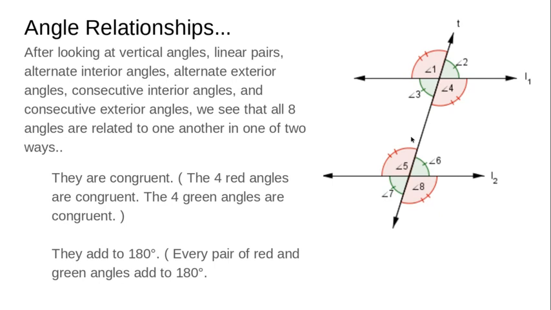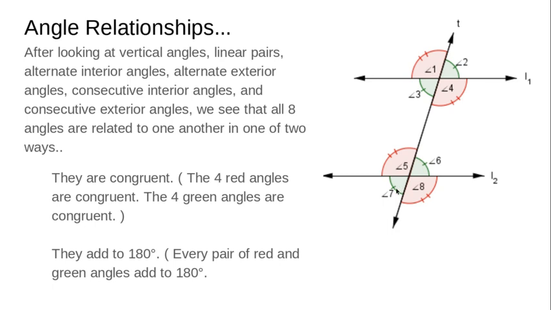But you can also relate those down here. Not only all those linear pairs, but remember consecutive. So consecutive interior, a red and a green, they're going to add up to 180. Consecutive interior 4 and 6, a red and a green, they're going to add up to 180.